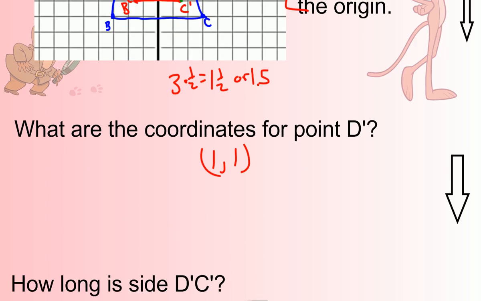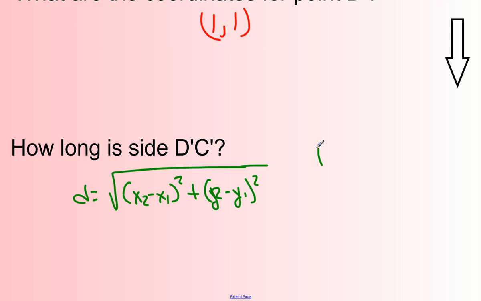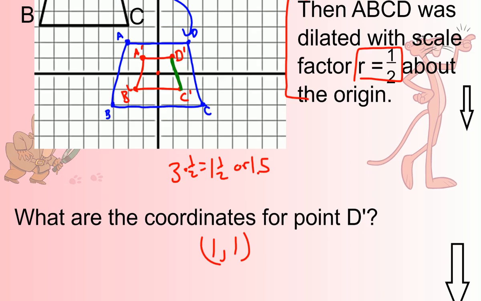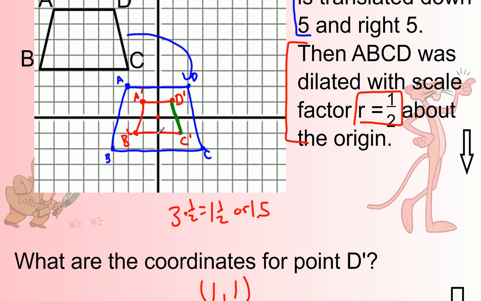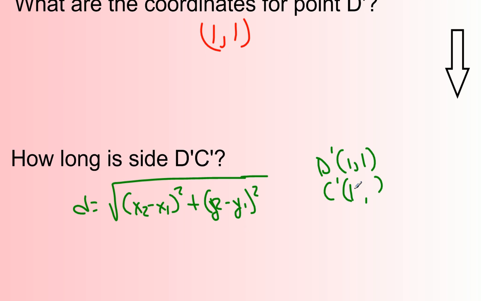We could plug in the points for D prime C prime. D prime is 1, comma 1. C prime is 1.5, negative 1. We can plug those values in, and it would give us our answer just fine.